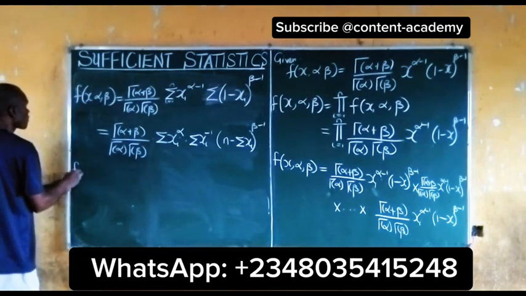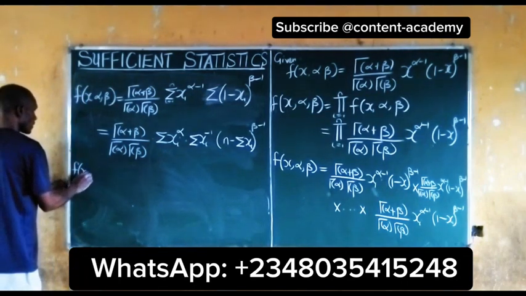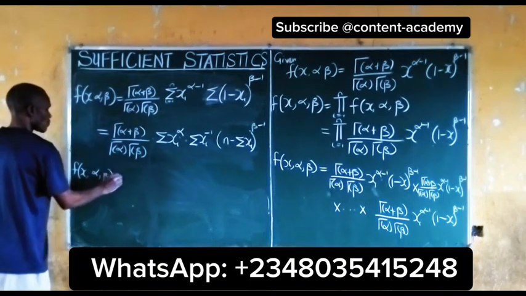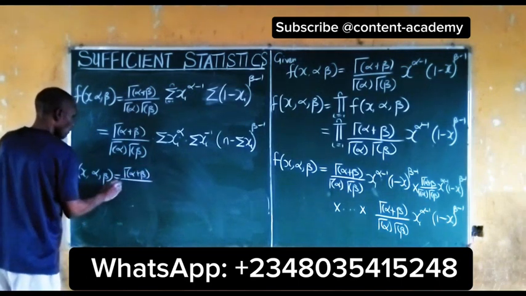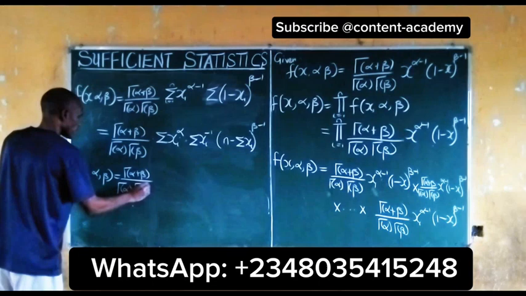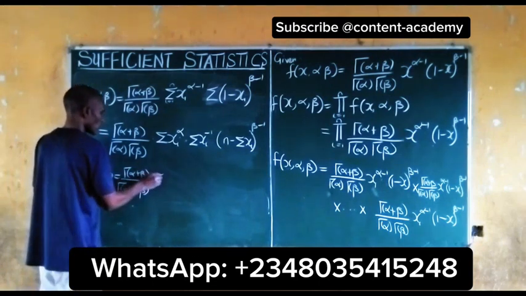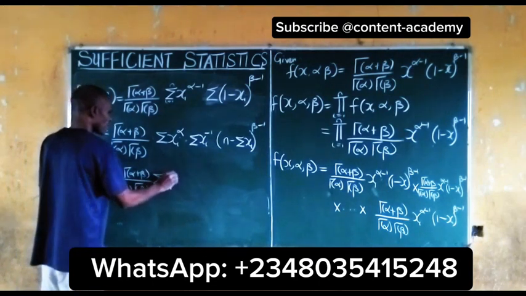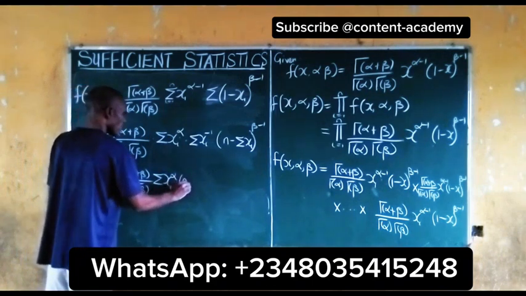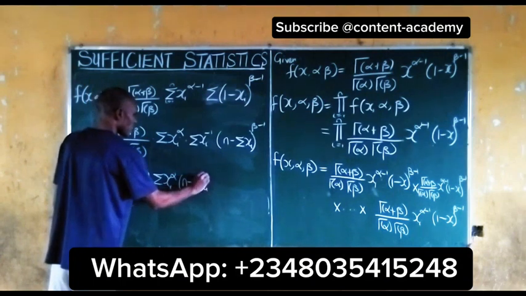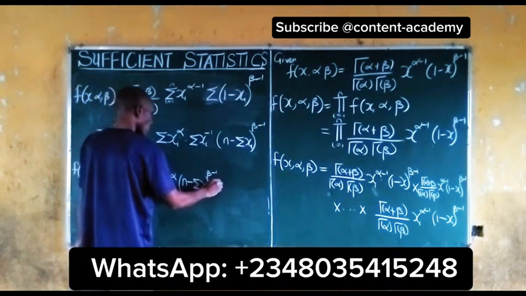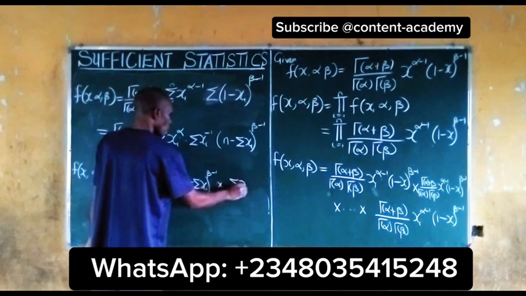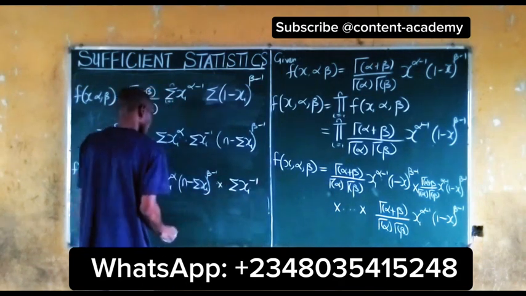That means our f of x, alpha, beta will be equal to gamma of alpha plus beta all over gamma alpha gamma beta, product of xi to the alpha, times product of 1 minus xi to the beta minus 1, multiplied by product of xi to the minus 1.